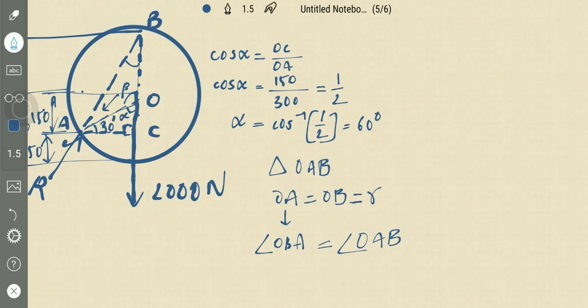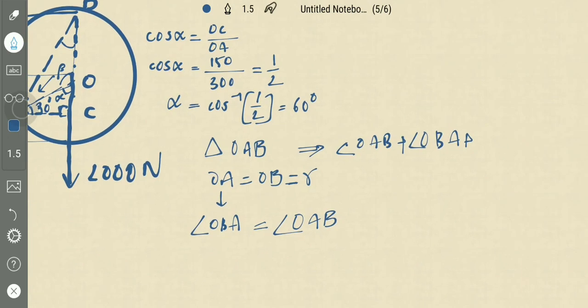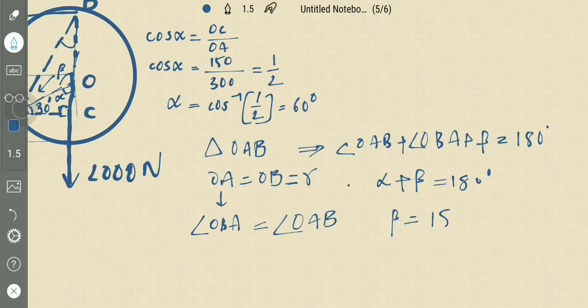Or if we consider this same triangle, angle OAB plus angle OBA plus beta is equal to 180 degrees, because the sum of angles in a triangle is 180 degrees. But alpha plus beta is 180 degrees, since this is a straight line. Then beta is 180 minus alpha.